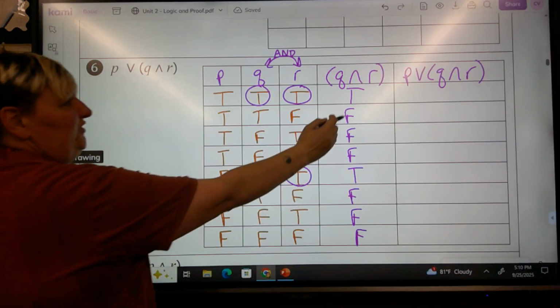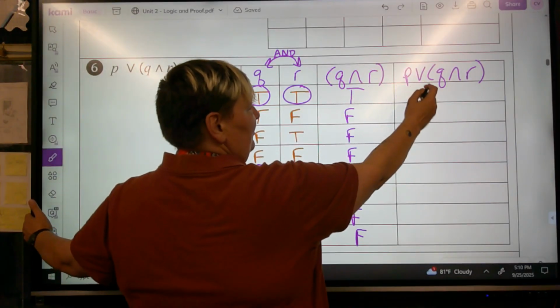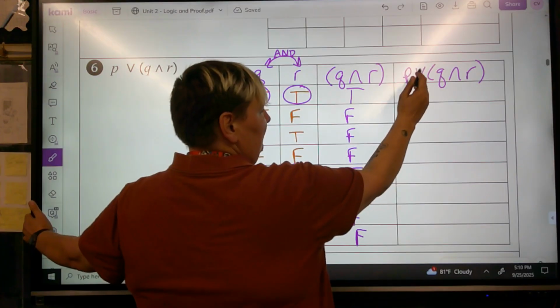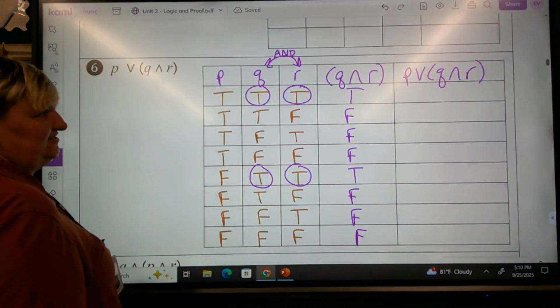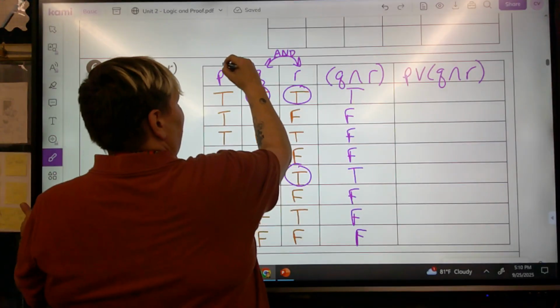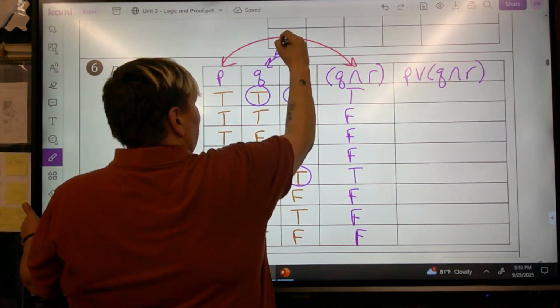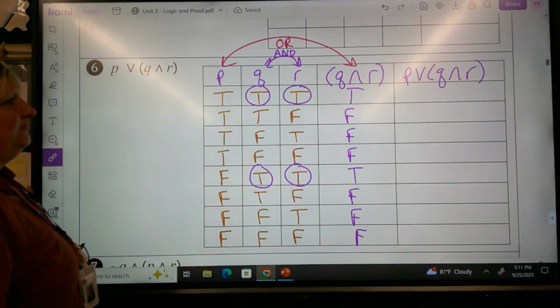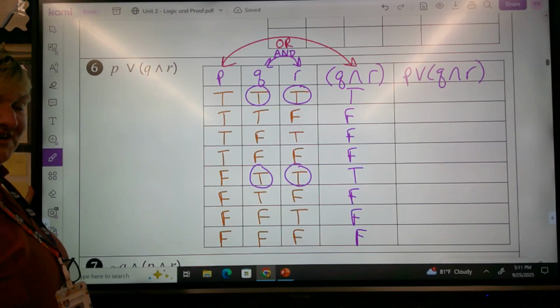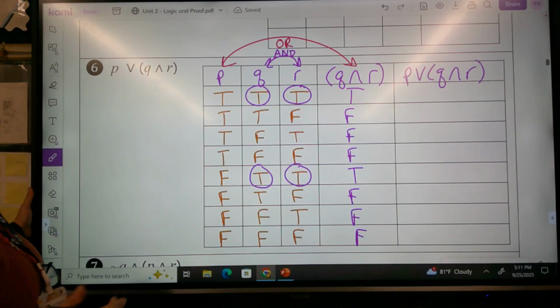All right, now we look at P or this column, right? P or what's inside the parentheses. Now remember, if it's an OR statement, at least one needs to be true.